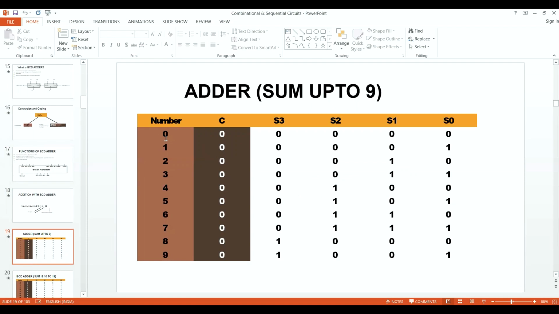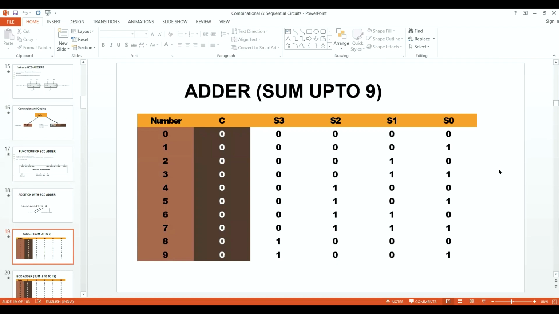Now I am talking about 0 to 9, right? I am taking a switch. Now just see it. Don't try to remember it. 0 is 0. This is 1. This is 2. This is 3. This is 4. This is 5. This is 6. This is 7. This is 8, and this is 9. Decimal values. So what are these select lines representing?